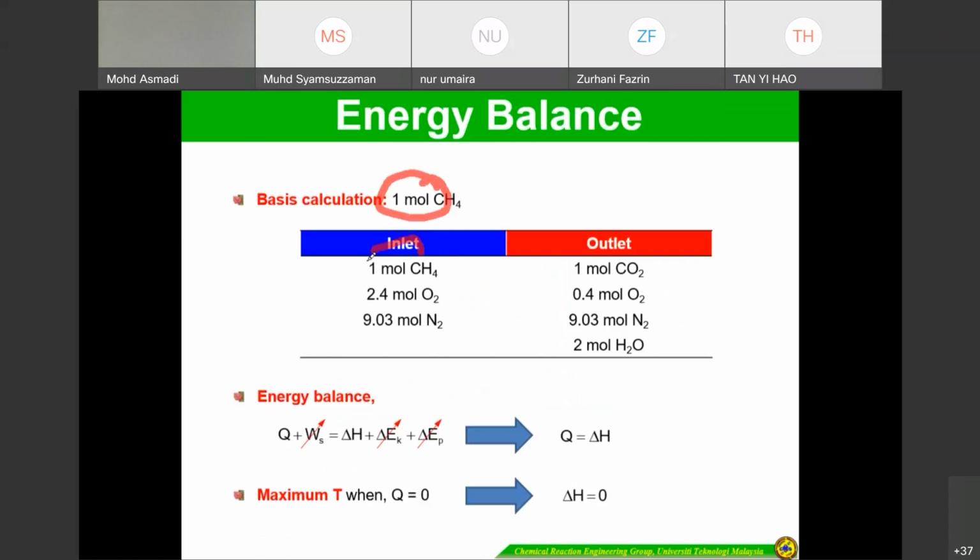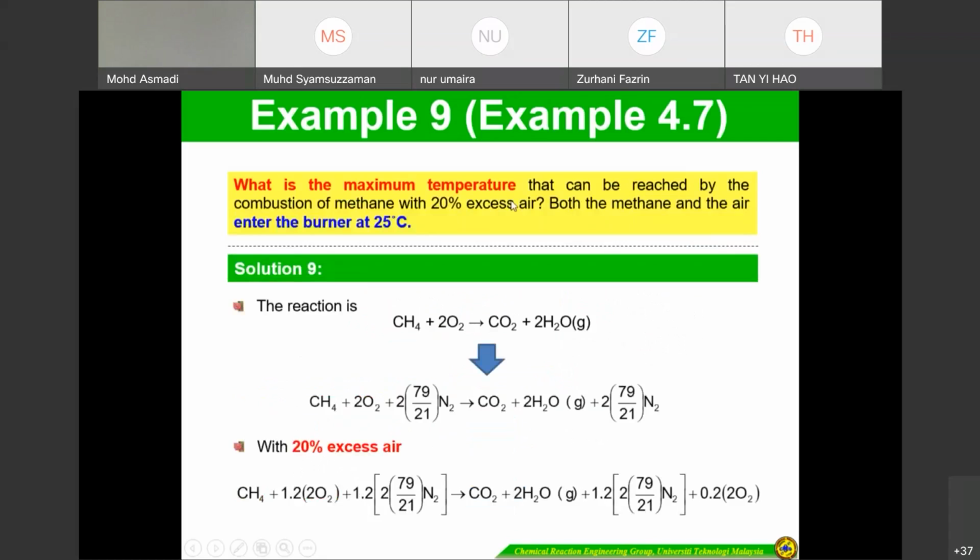So when the entry is 1 mole of CH4, 2.4 and 9.02 from this calculation. If you look here, 1.2 times 2 is 2.4. This one is 1 mole because the basis is 1 mole of methane, similar to the stoichiometry.